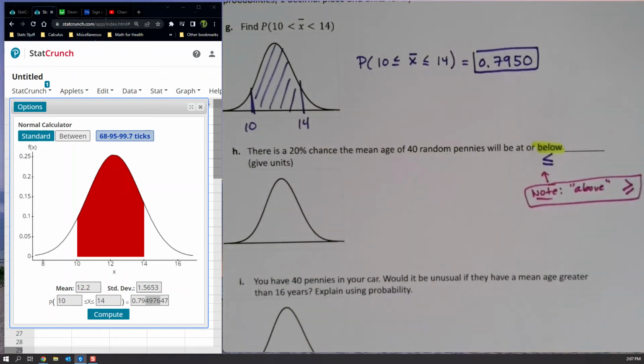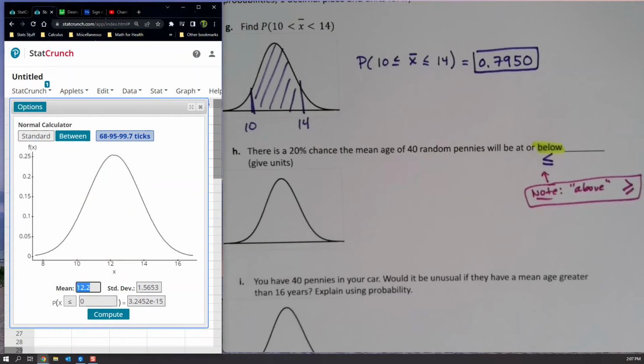Okay, so we're going to switch to a standard. And notice the mean and the standard deviation stay because they are the values that they are.